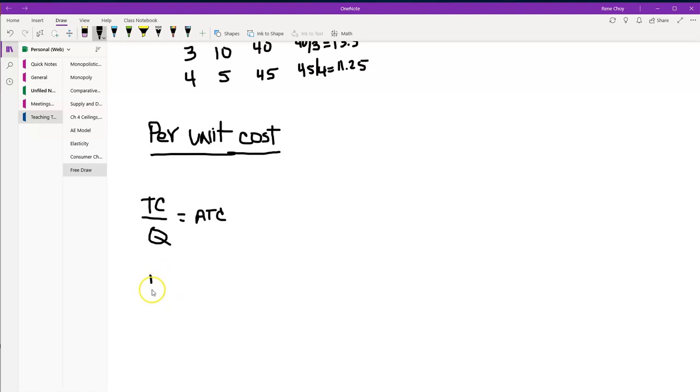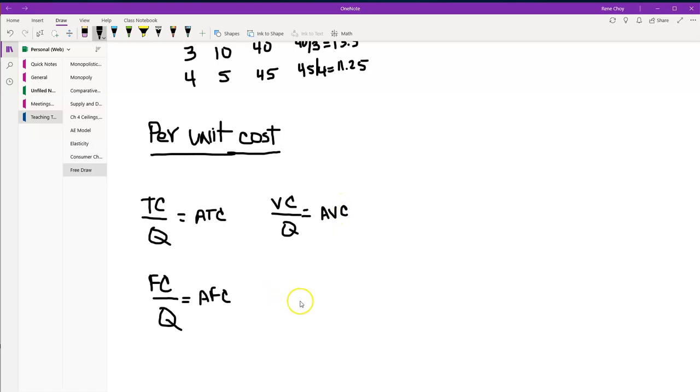We can also take fixed costs divided by quantity, and it becomes average fixed cost, or per unit fixed cost. We can take variable costs and divide them by quantity, and then it becomes average variable cost.